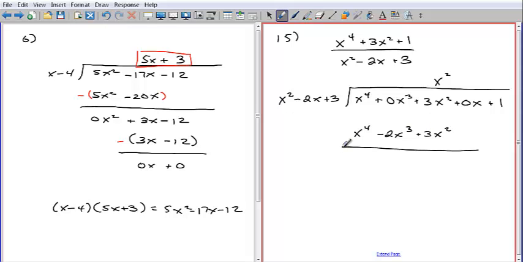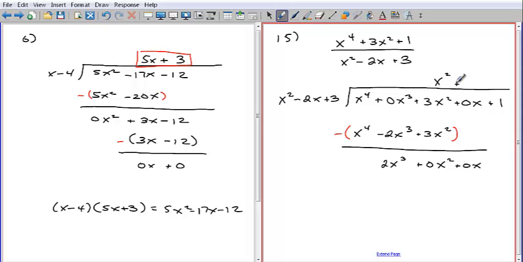Again, we're subtracting this, so that goes to 0. Here we have 0 plus 2, because we have a negative times a negative, so I get plus 2x cubed. And here we have 3x squared minus 3x squared, which is 0x squared. Okay, let's bring down the next term, which is 0x.